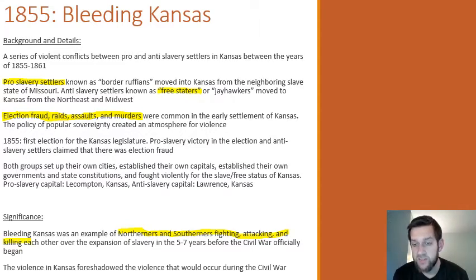So even before the Civil War starts, pro and anti-slavery people are injuring, attacking, fighting, and murdering each other in the Kansas territory, which shows you that in a larger sense, Kansas almost became a foreshadowing for the war that was going to take place between the North and the South.